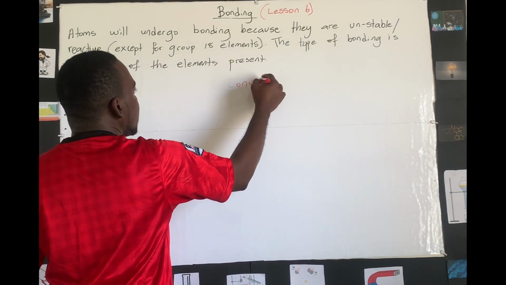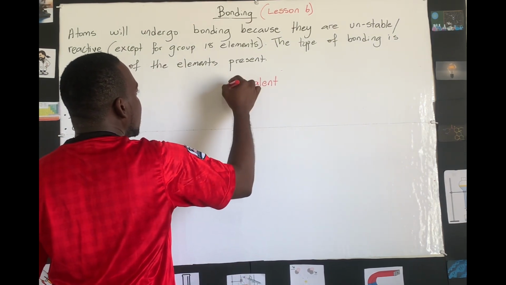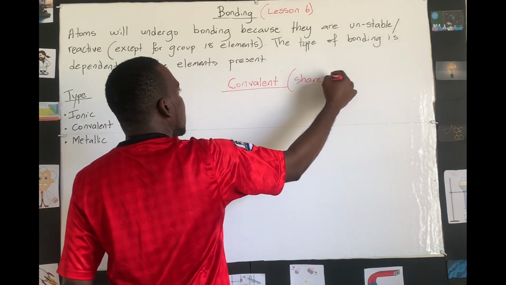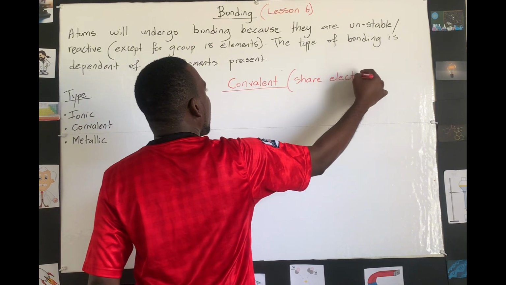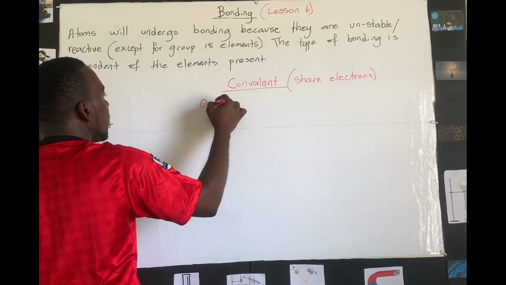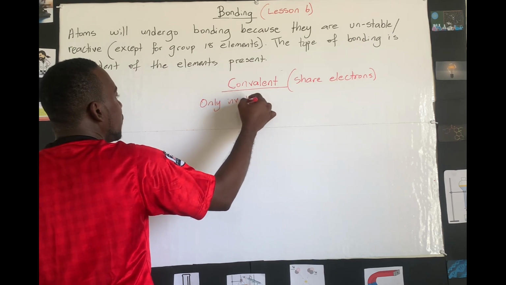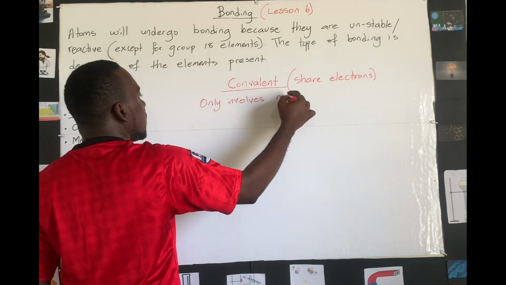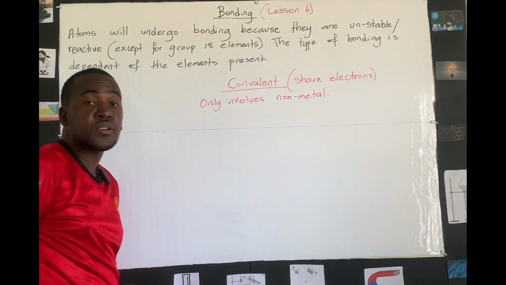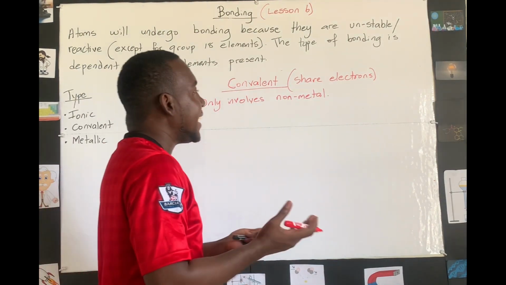Let's move on now to our covalent bonding. So ionic was transfer of electrons. Now with covalent bonding, this is the sharing of electrons. Now, which type of atoms experience covalent bond? These are only involved with non-metal atoms.